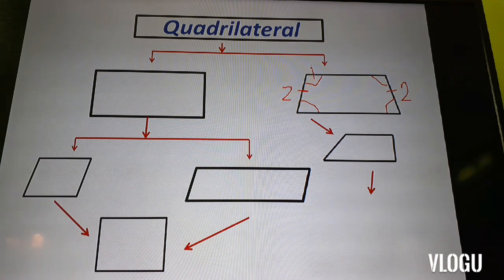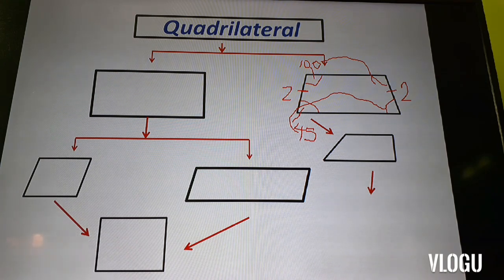If this is equal to 100 degrees, in short, this is also equivalent to 100 degrees. If this is 45 degrees, in short, this is also equal to 45 degrees. Why? Because their base angles must always be equal.